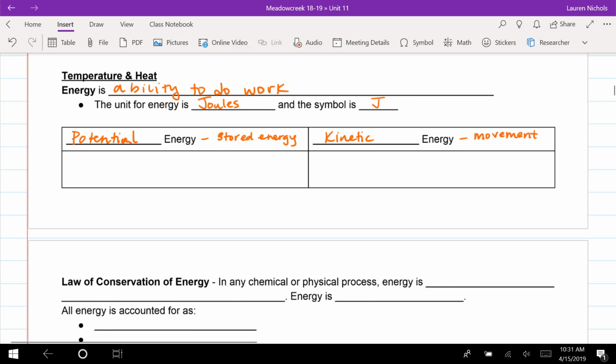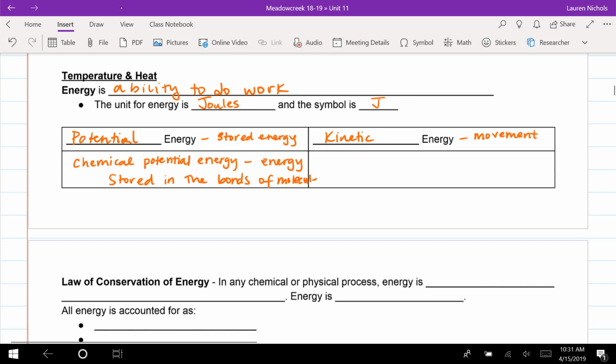In chemistry, we talk about chemical potential energy specifically. Chemical potential energy refers to energy that is stored in the bonds of molecules.